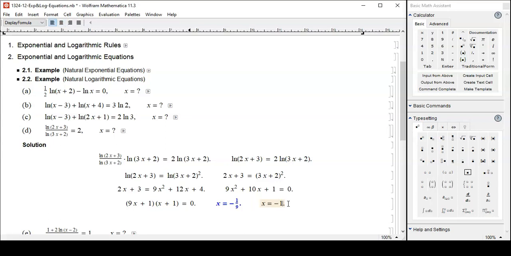Now plug in x equals negative 1. How about this one, which I'm expressing in green? Plug into the numerator: negative 2 plus 3, that's positive, all right. Plug into the denominator: negative 3 plus 2, oh, that's negative, so this one doesn't work.